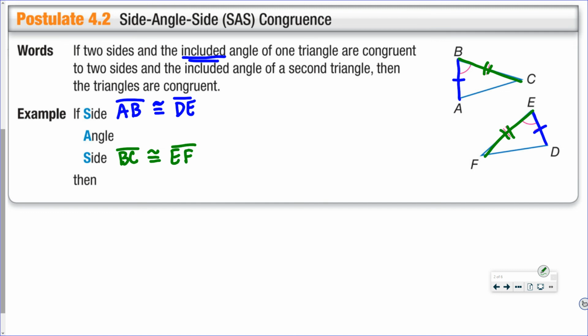Okay, now I traced those to show you those two sides form an angle, right? In the first triangle, they form angle B. In the second triangle, they form angle E. So if you can show the two sides with their included angle, so not like angle D over here that doesn't touch side EF, the included angle is also congruent, then we can conclude the two triangles are congruent.